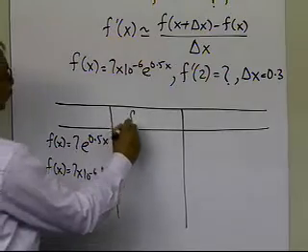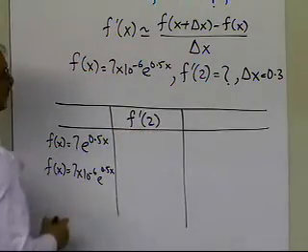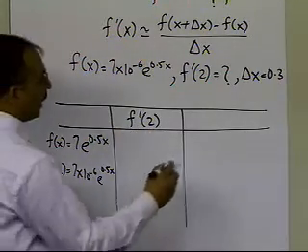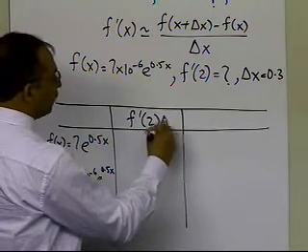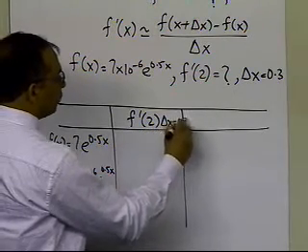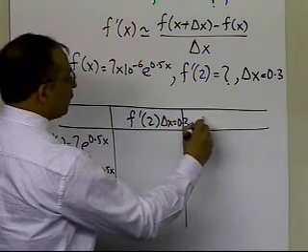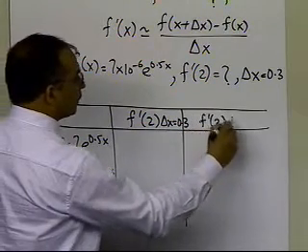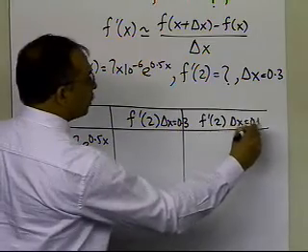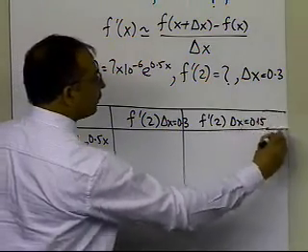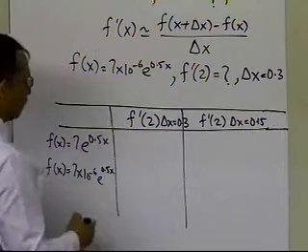And here I'm going to show you what f prime of 2 is using delta x equal to 0.3, and here I'm going to show you what f prime of 2 is using delta x equal to 0.15, and then let's go and write those down.